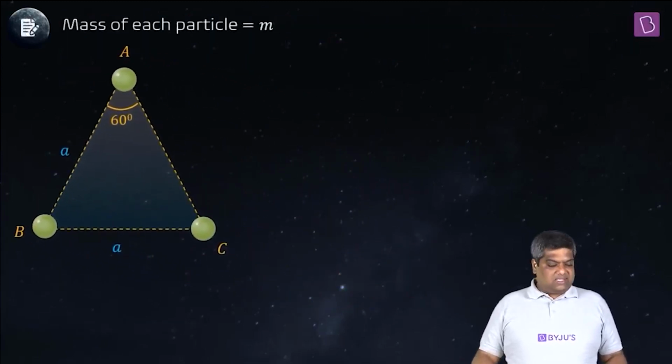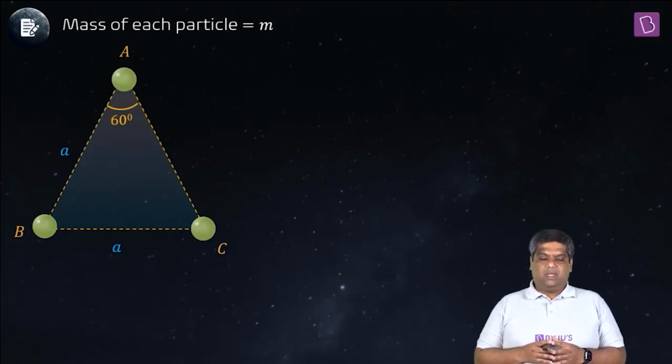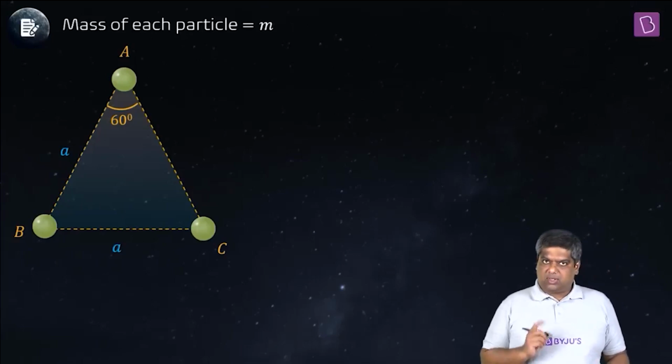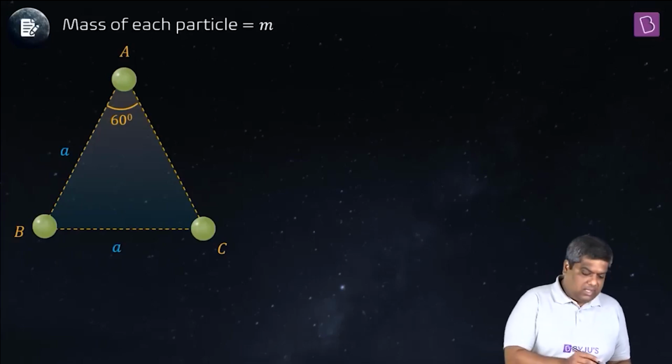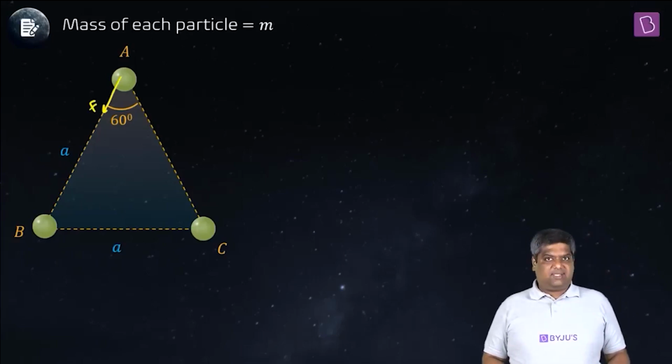So what is asked is the net force on A due to B and C. All the three have the same mass M. So there is gravitational force of attraction between any two of them. But since we want the net force on A, now force on A due to B. B obviously attracts A with the force F, let us say.